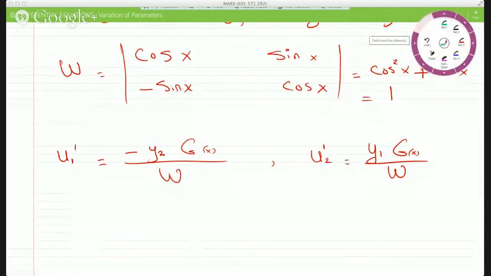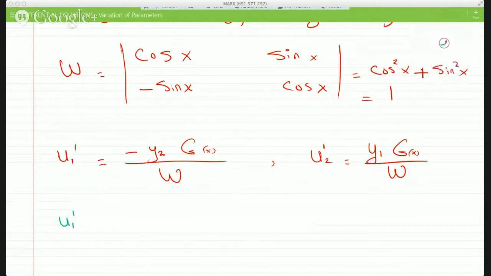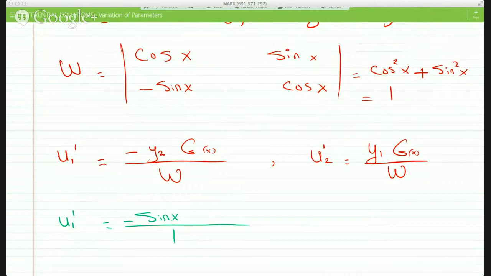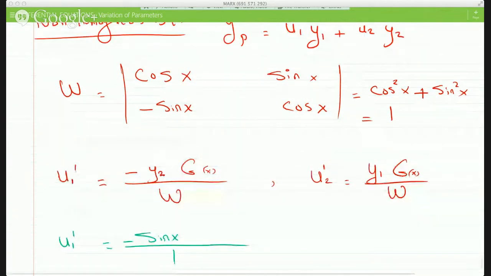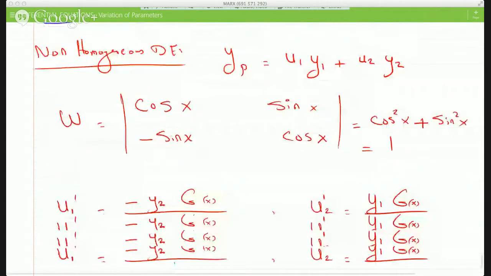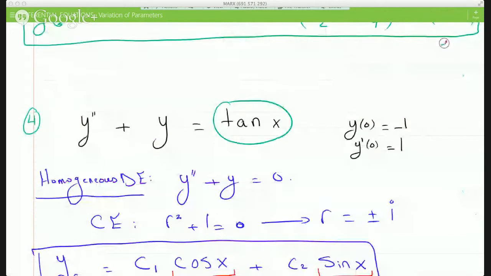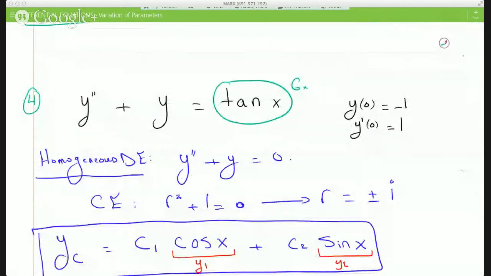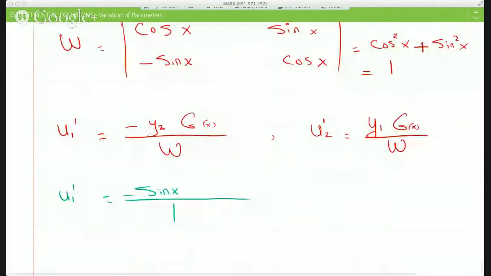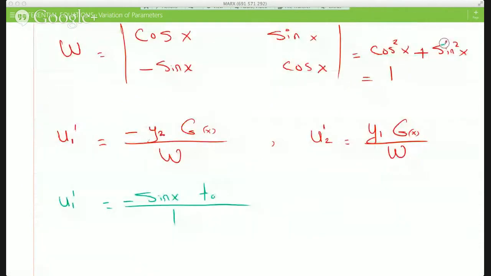So we'll start with u1, u prime 1. So u prime 1 is equal to minus y2, which is sine x, over the Wronskian, which is just 1, times g of x, the non-homogeneous term, which is tan x.